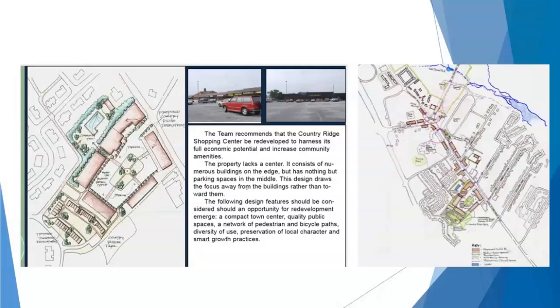Maybe the approach we should take is to ask whether there are standard guidelines that could fall under a one-size-fits-all approach, and then whether there are other guidelines where we split the book, if you will, and say: properties that fall into this portion of the commercial corridor should follow these guidelines, and properties in all these other areas should adhere to those guidelines.